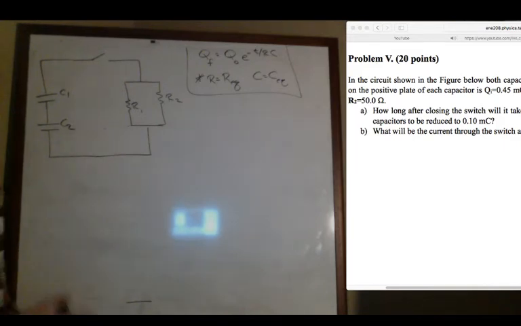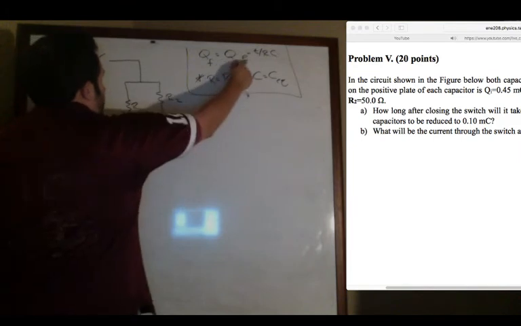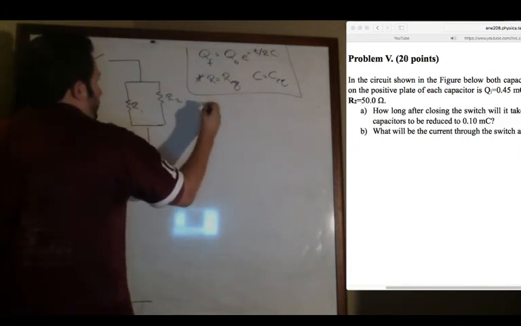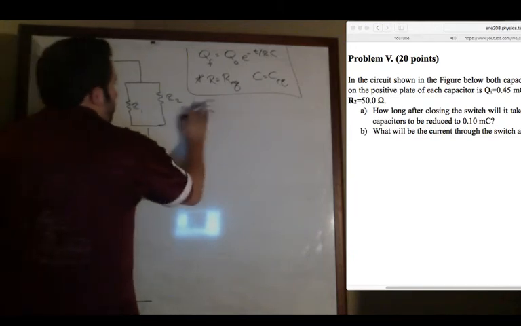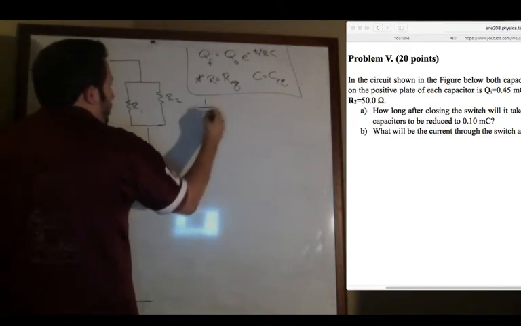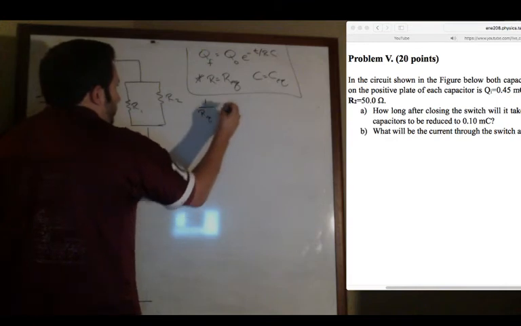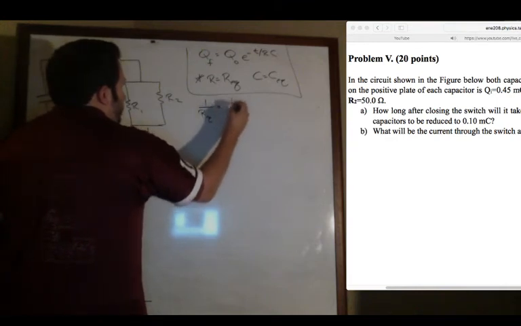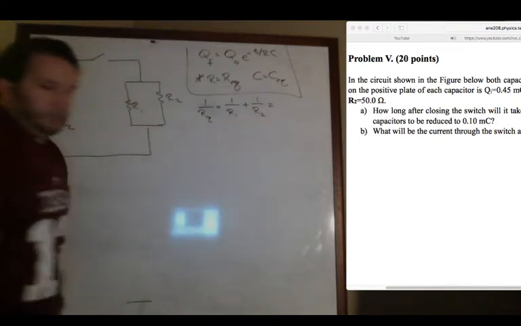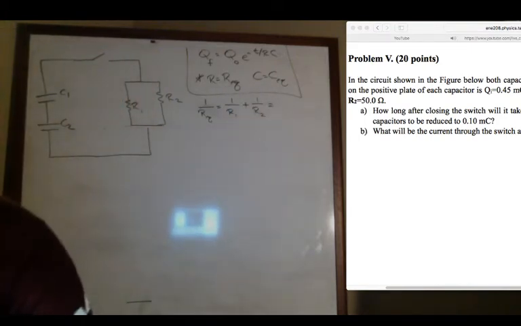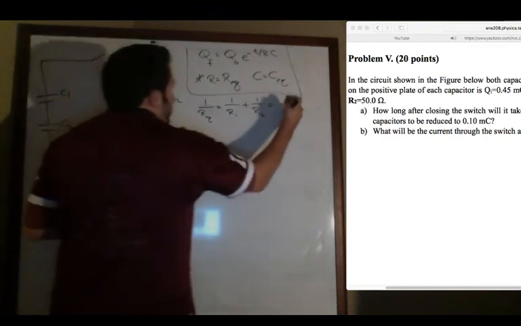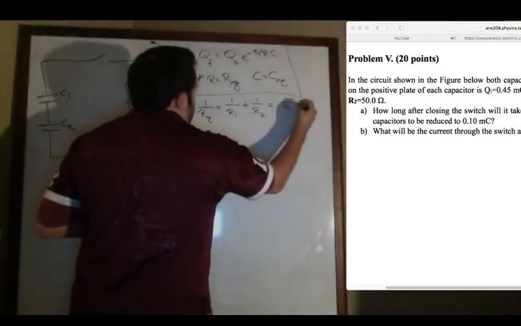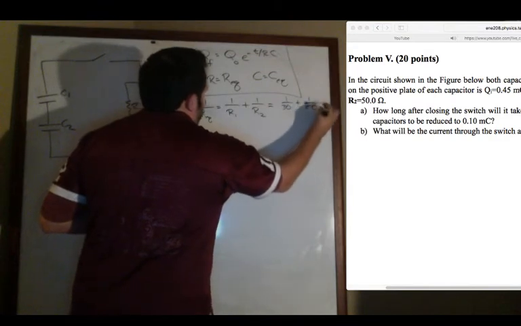So let's find that really quickly so that I can utilize this equation. So R_EQ. These are in parallel, so 1 over R_EQ is equal to 1 over R1 plus 1 over R2. R1 was given to be 30 and R2 is 50, so it's going to be 1 over 30 plus 1 over 50 ohms.